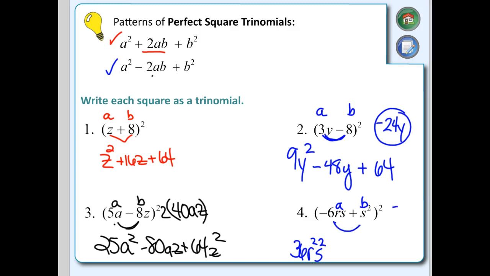That's going to give me negative 6 RS cubed. Remember, we've got to double that for the 2AB, which is negative 12 RS cubed. And then we take the last one and we square it. Well, S squared is 4.